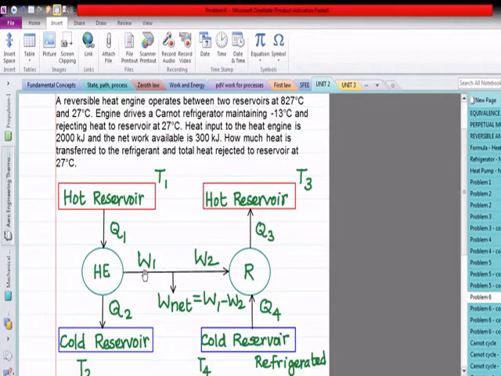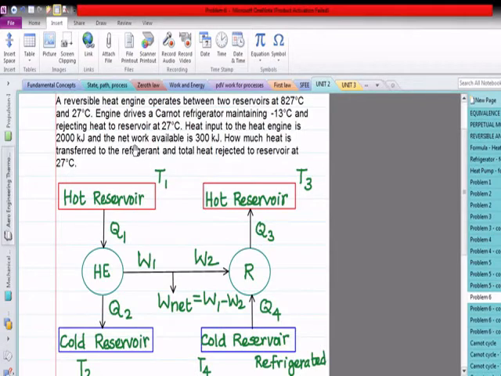The work output of the heat engine is connected to the refrigerator as the work input for the refrigerator. In the third sentence, the heat input to the heat engine is given as 2000 kilojoule. So I can take this 2000 kilojoule as Q1. Net work available is 300 kilojoule.